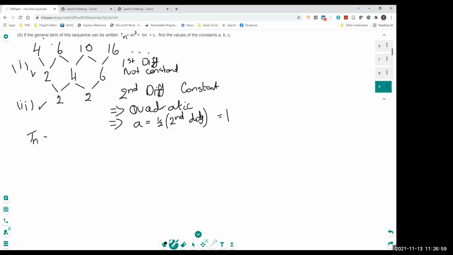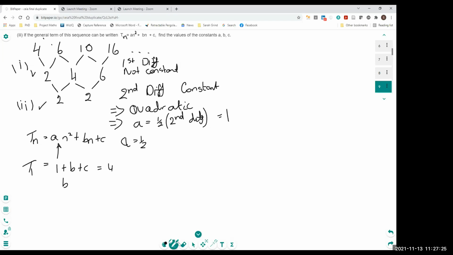So we have Tn is equal to an squared plus bn plus c. And a, we know, is equal to 1. So T1, first term, which we already know, based on this formula above here, is going to be 1 plus b plus c, and we know it's equal to 4.